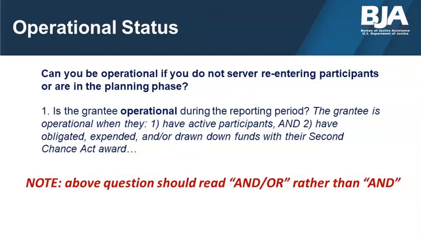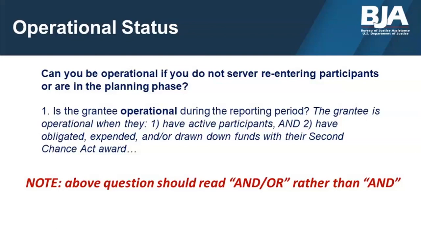One of the common challenges in PMT is for grantees that are operational but not serving reentering participants, either because their program is not concentrated on that specifically or they are in planning phase. Currently, there is some confusing wording in PMT. Question 1 asks if the grantee is operational, which is defined as having active participants, i.e. reentering individuals, and using SCA funding.